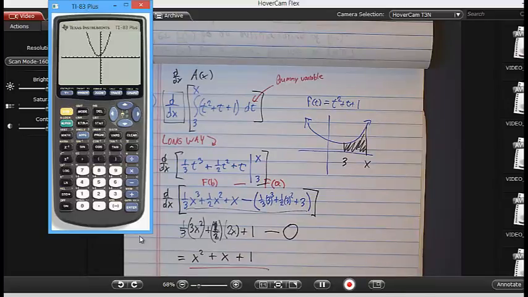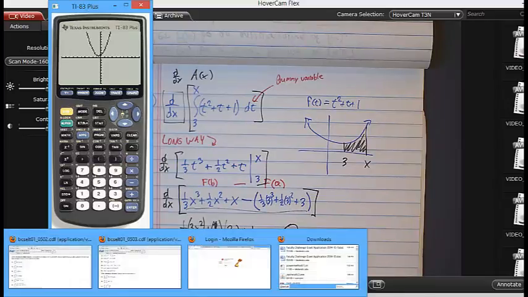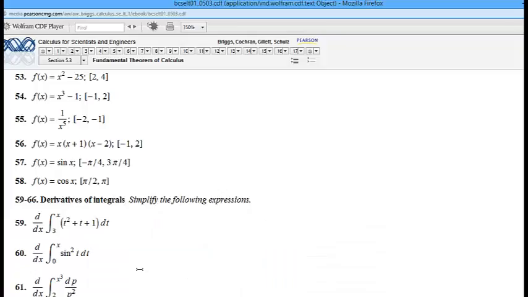Okay? Let me go to number 60. There. This will take all of 3 seconds. We want to find the derivative of the area function given by the integral from 0 to x of sine squared of t dt.